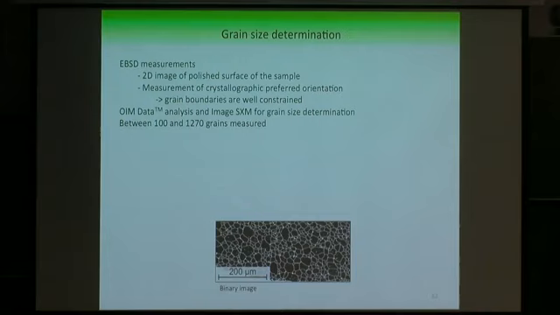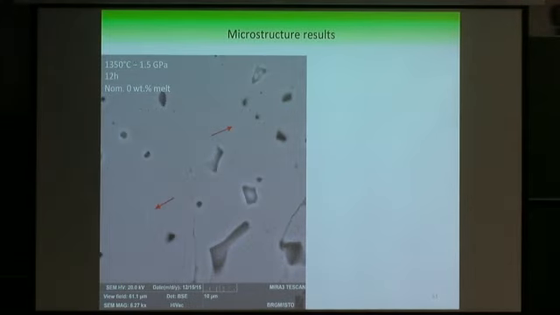I'm going to continue now with the microstructure results, because I think it's quite important that I present to you the nominally melt-free samples, those in which I did not add any melt. As you can see here, for high temperature and high pressure conditions, 1350 and 1.5 GPa, maybe those at the end of the room cannot clearly see, but there's a melt pocket here and another melt pocket here.